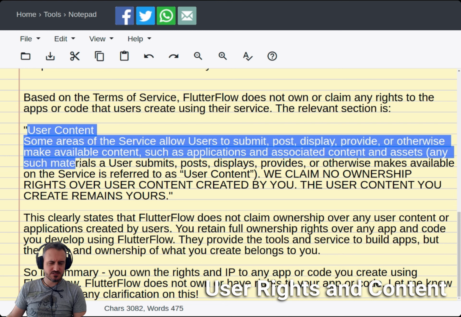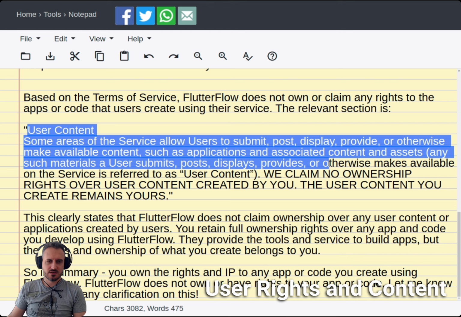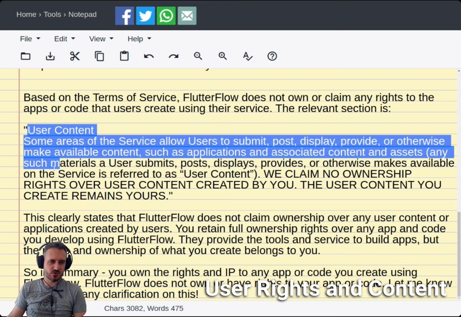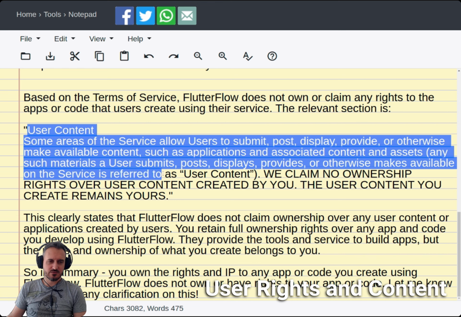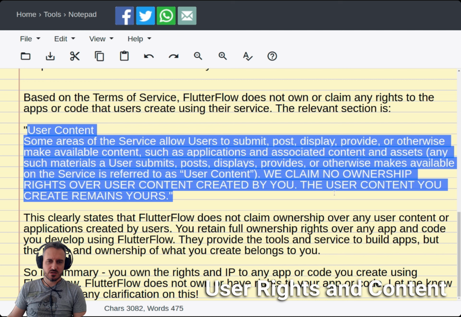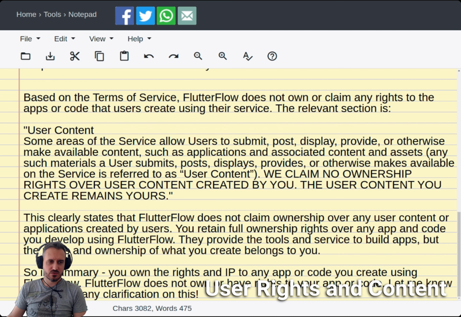Any such materials a user submits, posts, displays, provides, or otherwise makes available on the service is referred to as user content. We claim no ownership rights over user content created by you.